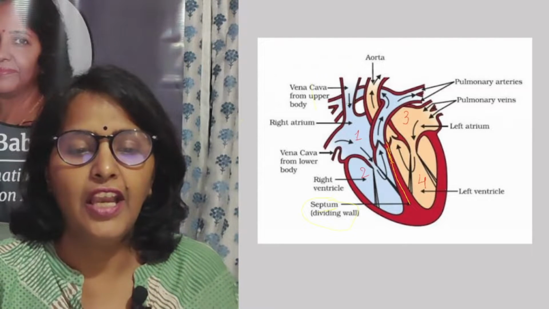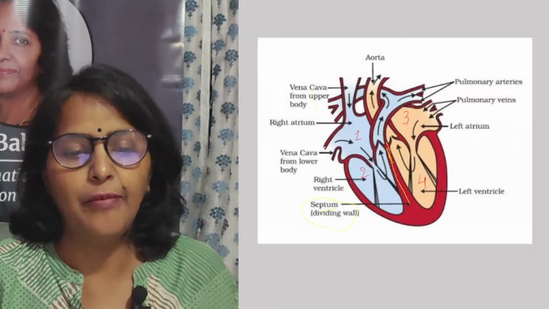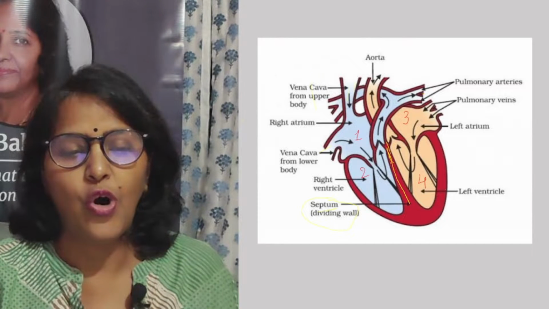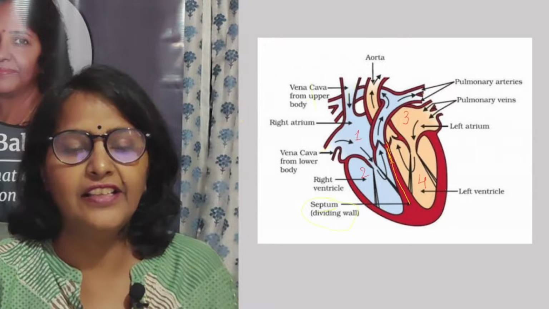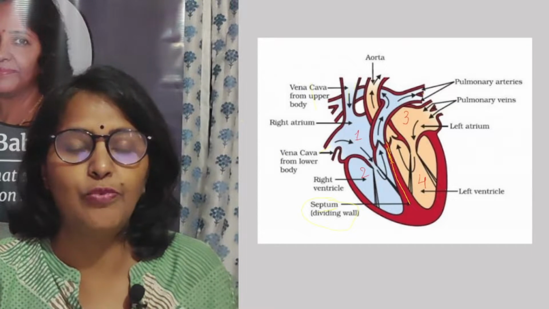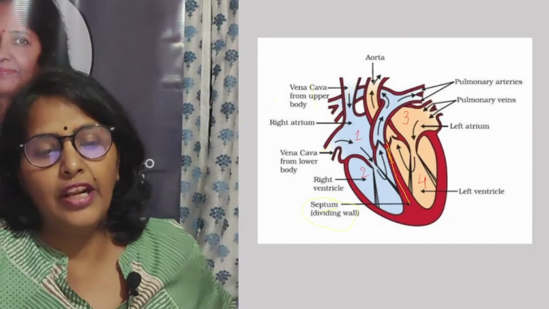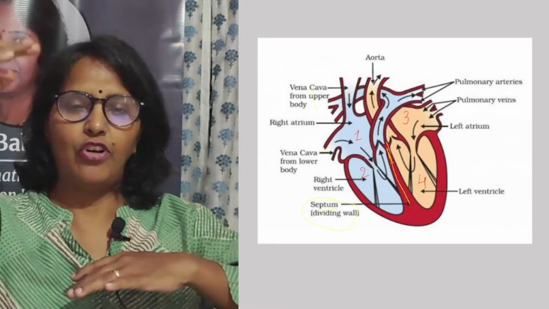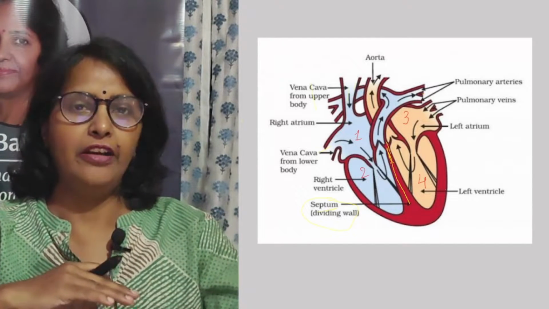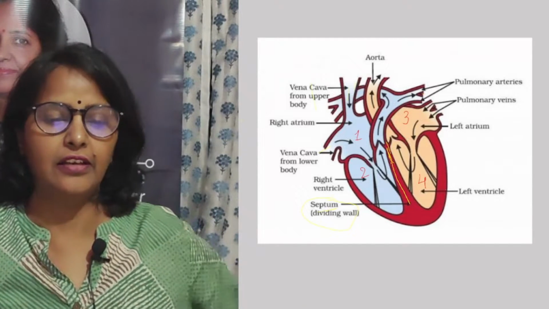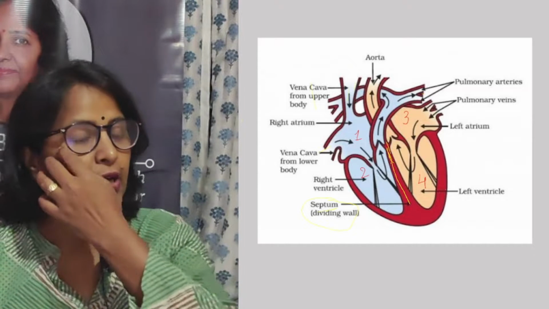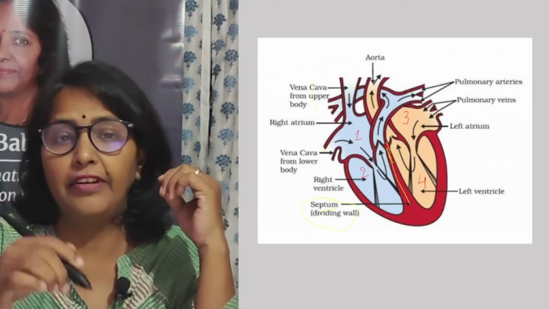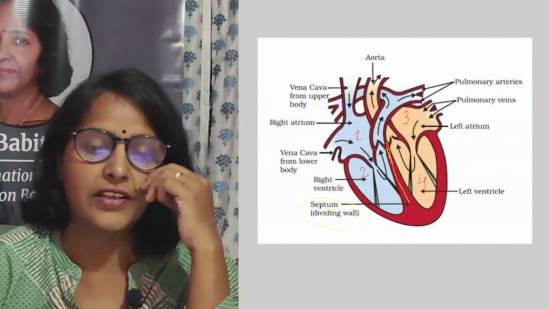Now if you see, we have blood coming into the atrium on the right side, through the veins known as the vena cava. We have two different openings, one coming from the upper part of the body above the heart, and the other from the lower body parts. So we have two vena cavas entering the right atrium of our heart.